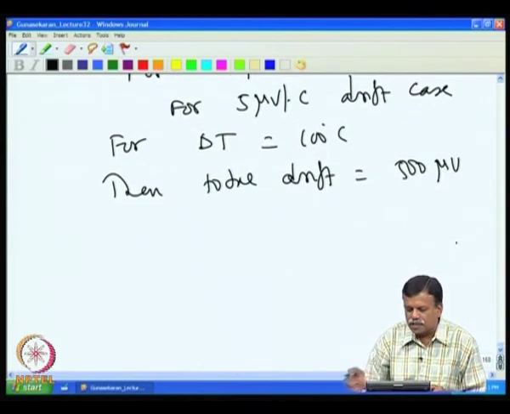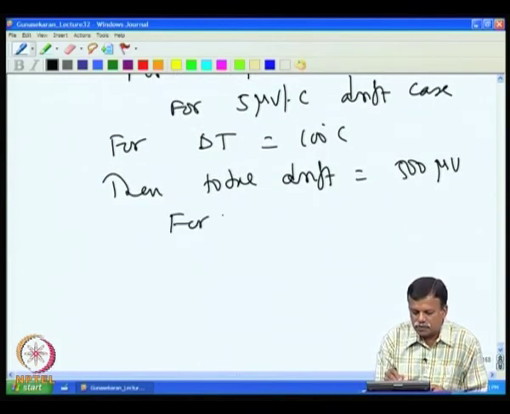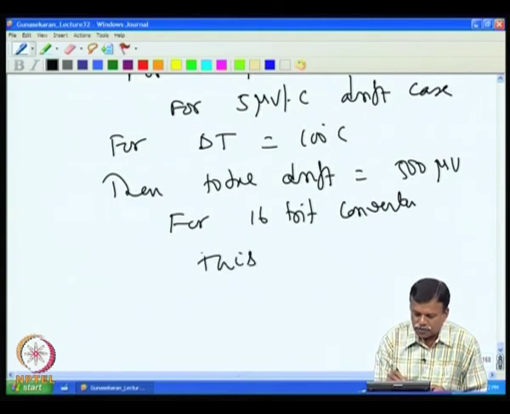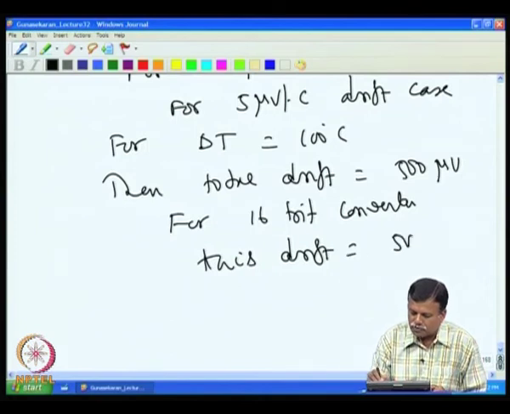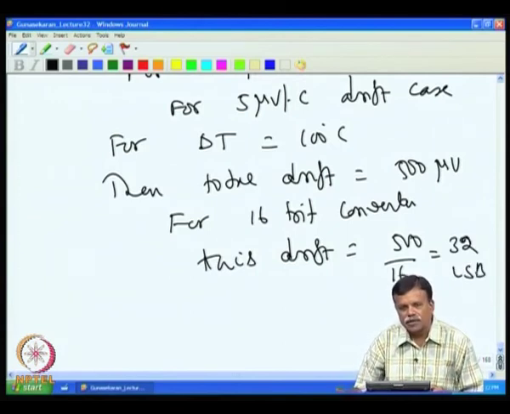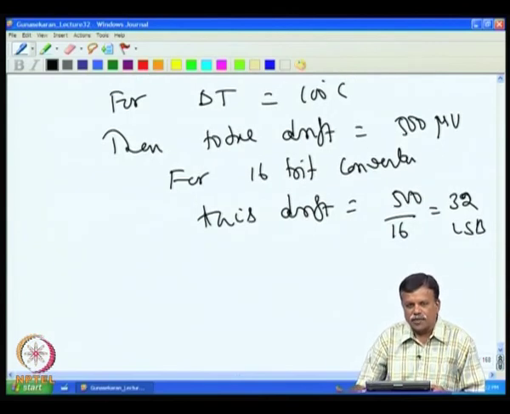Now, for a 16-bit converter, this drift would be equal to 500 by 16, that would be 32 LSBs. So, offset voltage drift also creates a problem, but then there is similarly gain drift.